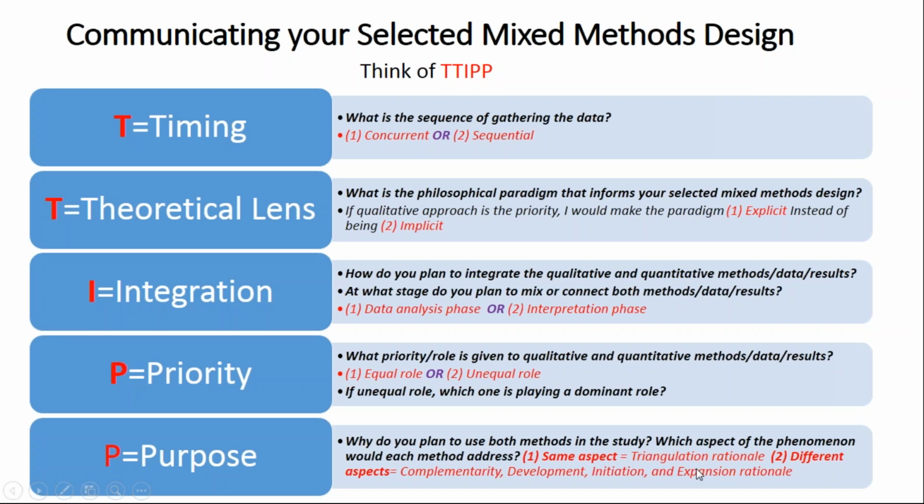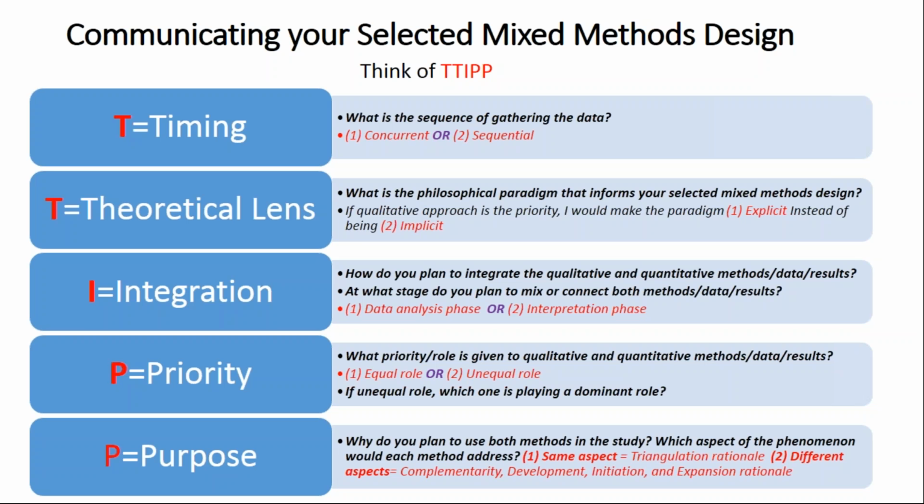So there are some concepts that you have to learn. One of them is triangulation rationale. So this means that normally if you are collecting both data, or using both methods to help you address a single phenomenon, right, then you are more likely to use triangulation rationale.